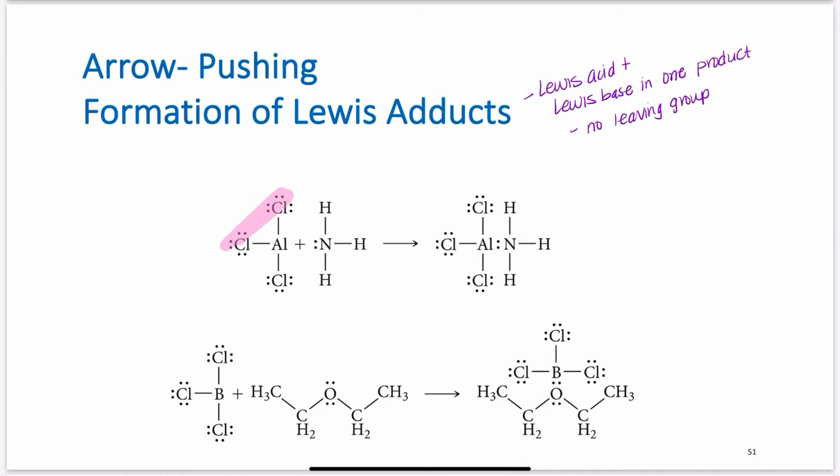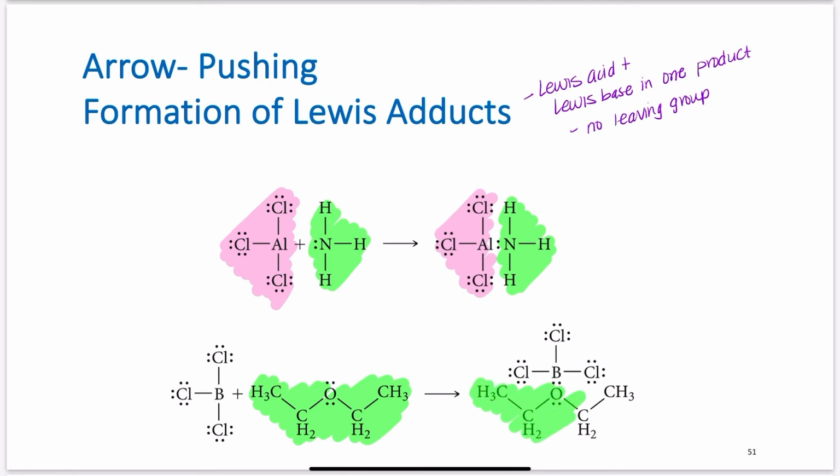If we see here, we've got aluminum chloride. We still have aluminum chloride. We've got ammonia. We still have ammonia. We've got this ether. We still have this ether. We have BCl3. We still have BCl3.